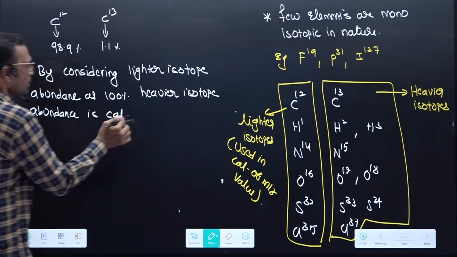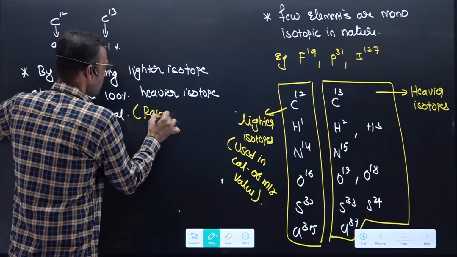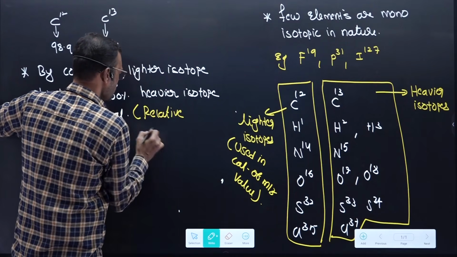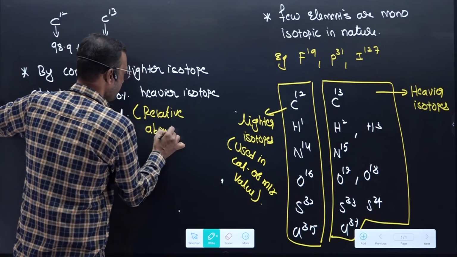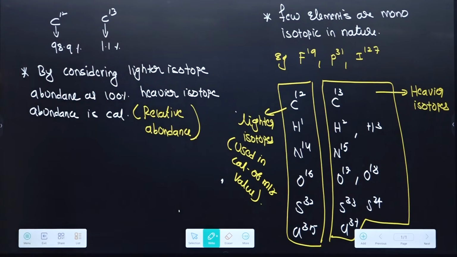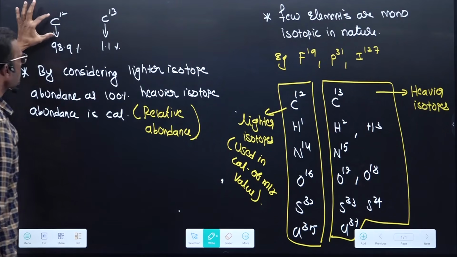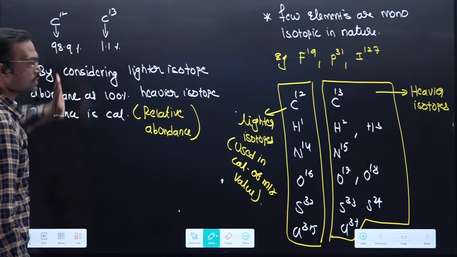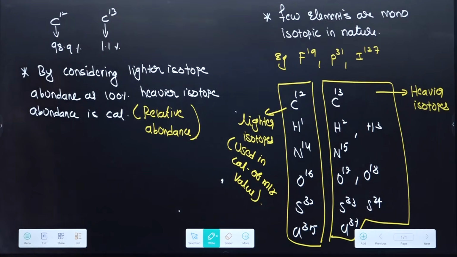This is called relative abundance. So whatever abundance is available for this lighter isotope, that should be taken as 100%. Based on this, abundance is calculated. That is called relative abundance.